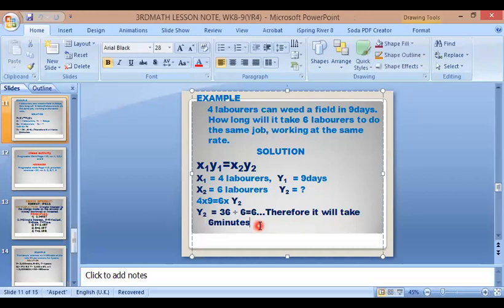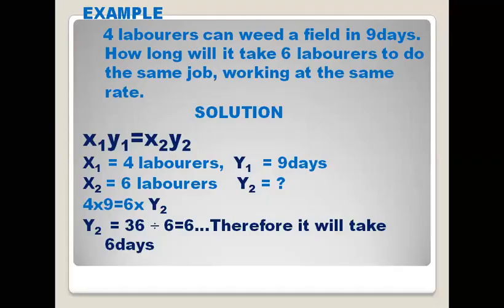It takes 6 days, not minutes, because the unit of the time in this question is days, not minutes. Okay, so that's that. So therefore, it will take 6 days for six laborers to do the same job at the same rate.